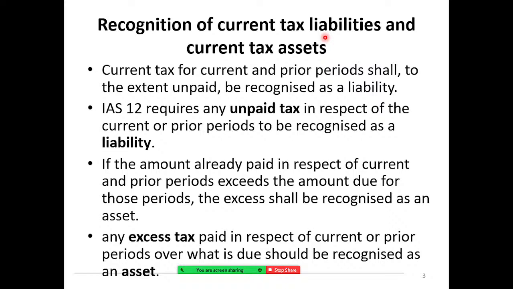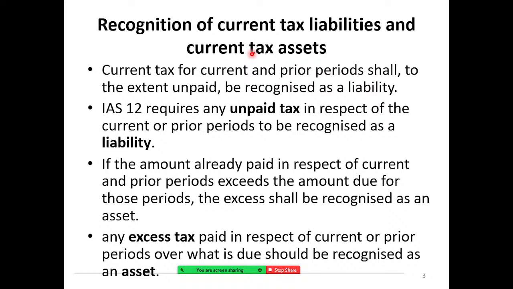And at the other extreme, the entity may pay more income tax than the actual amount of tax. So the entity made an advance payment. This advance payment is called what? It comes under current tax assets.